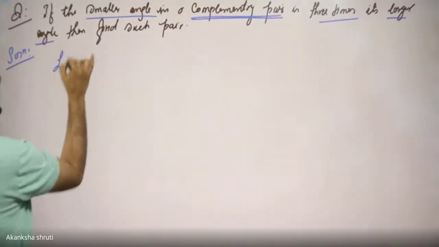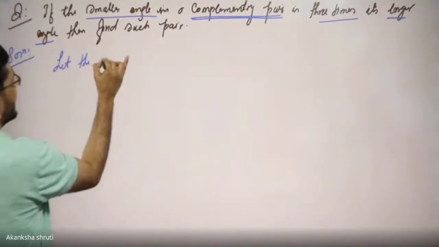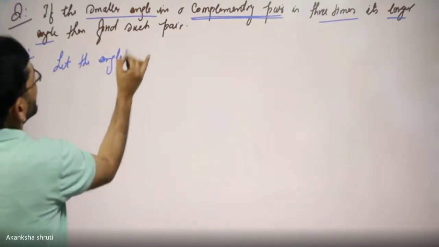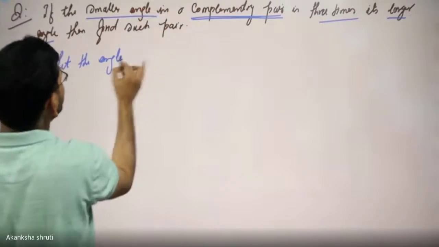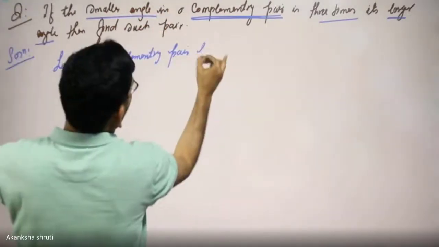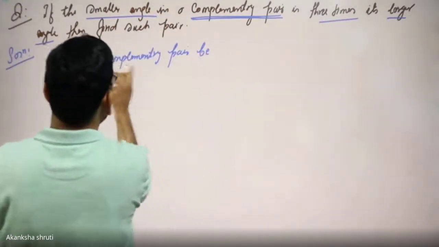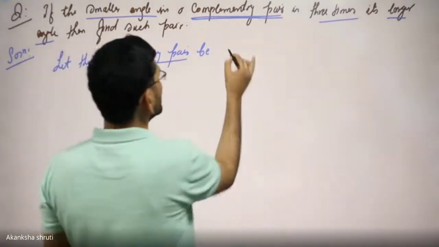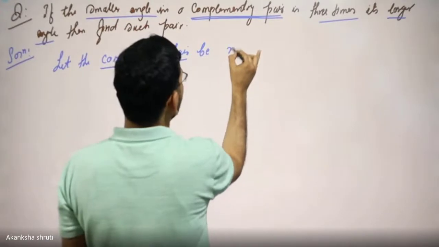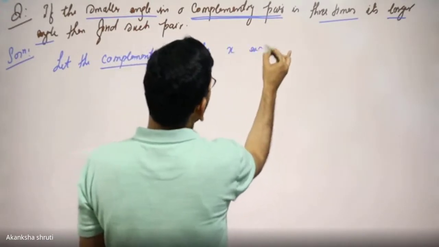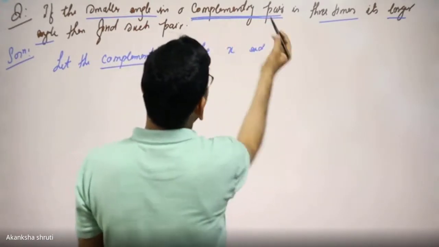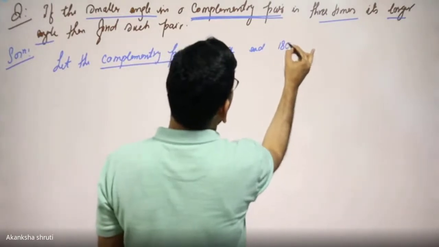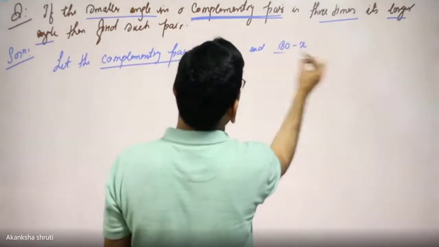So let the complementary pair be, students, we know that the pair is always taken as one angle theta or x, and the other is 180 minus x.